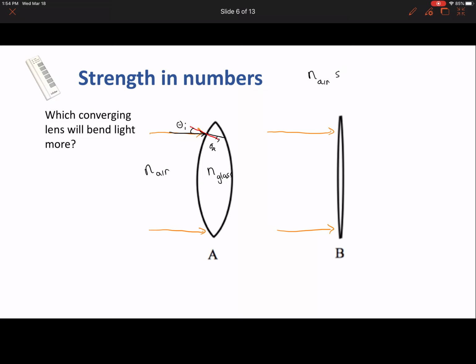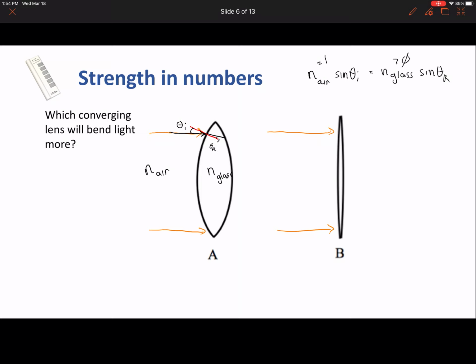Air, and then the incident angle that's in the air, in glass, and the refracted angle inside the lens. So this is going to be 1. This is going to be bigger than 1.